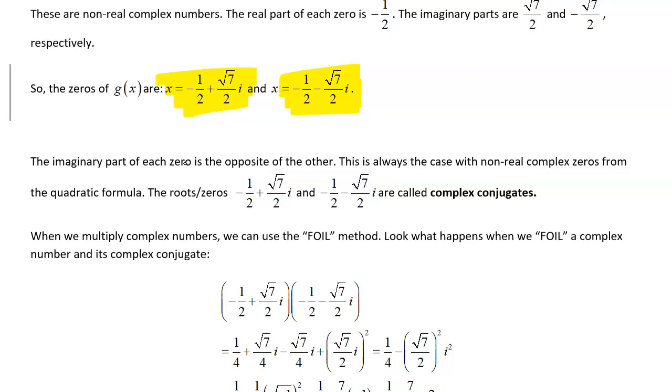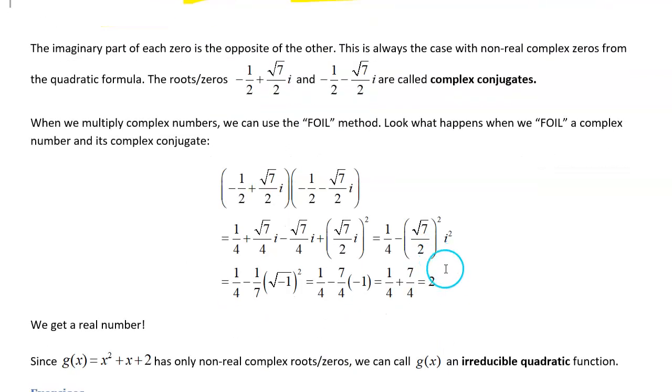And these are non-real complex numbers. Whenever you have zeros of a function that are non-real complex, they're not going to be x-intercepts. They're still zeros, but they're not actually x-intercepts, as we saw on the g of x graph.